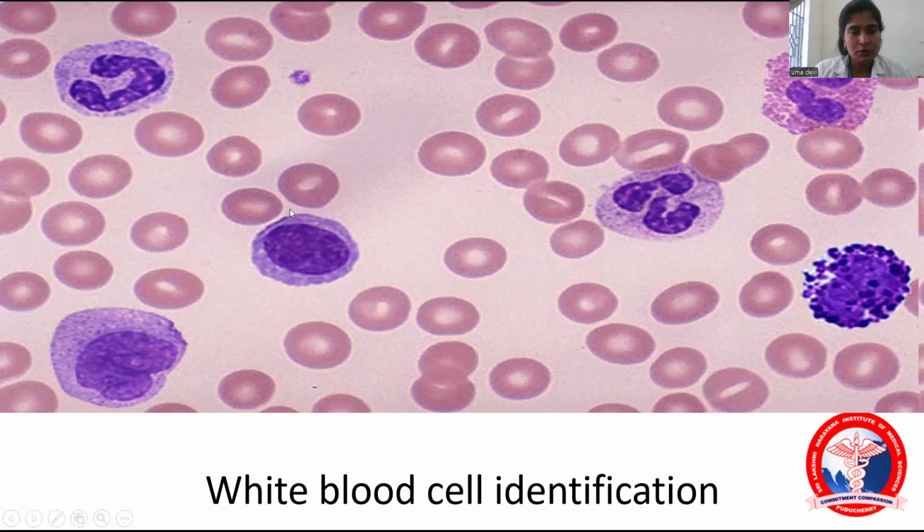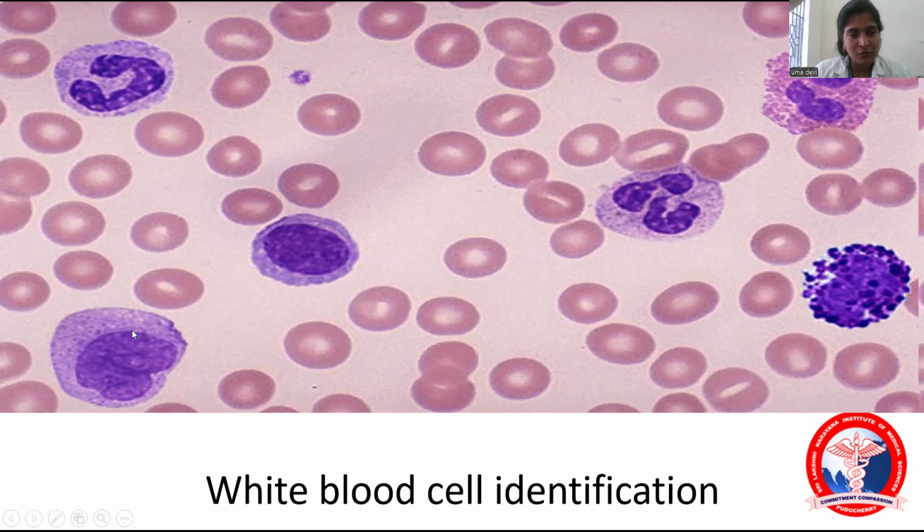Now come to the small cell, right? The smallest of all the WBCs, remember, is your lymphocyte. And remember, the nucleus is always round, with very scant cytoplasm compared to other cells. So this is a lymphocyte. And then what is this WBC?